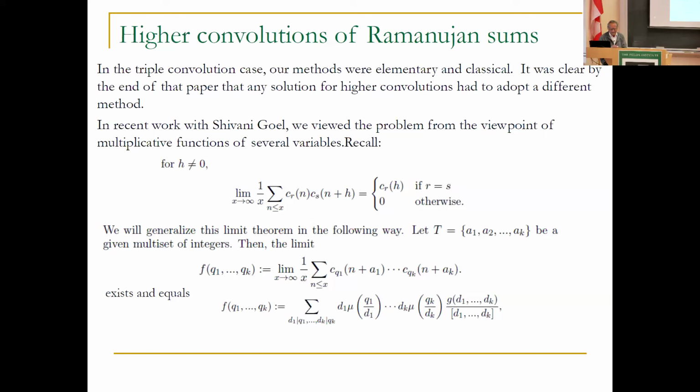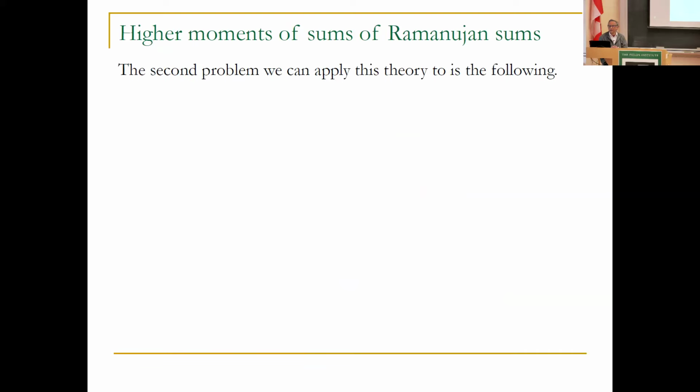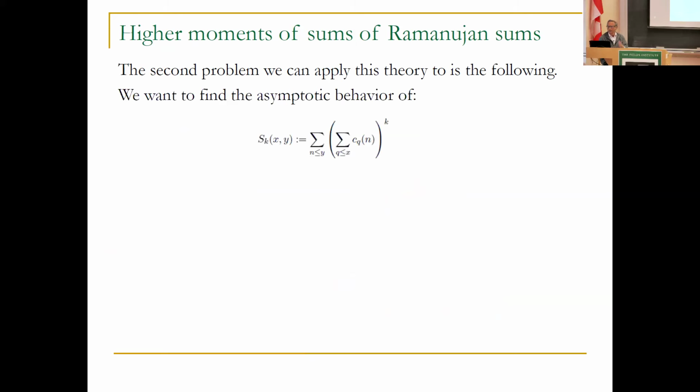So we ended up actually evaluating this limit, and using this fact, we were able to answer a question about higher moments of Ramanujan sums, and that involves the asymptotic behavior of these higher moments, the summation of c_q(n) to the power k.